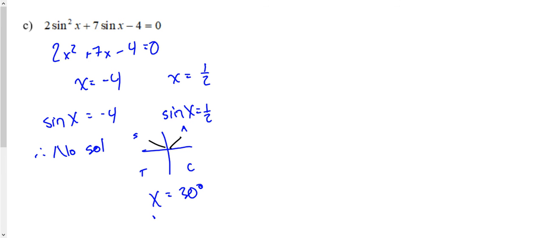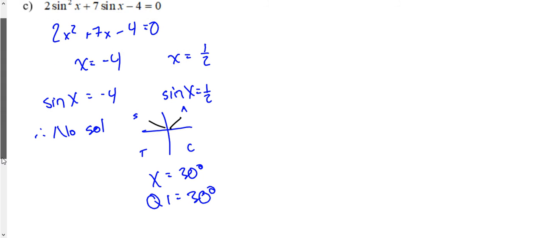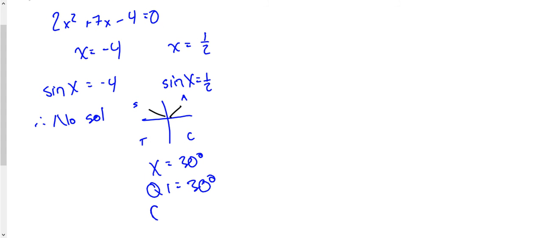So in quadrant 1, I know my answer is going to be 30 degrees. Quadrant 2, we're going to go 180 minus 30 equals 150 degrees, and of course we want both of these in terms of radians, so let's switch it over. That's pi over 6 and 5 pi over 6. And there we go.